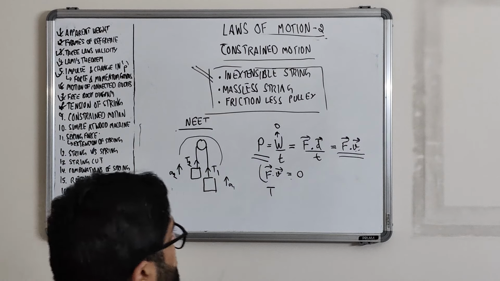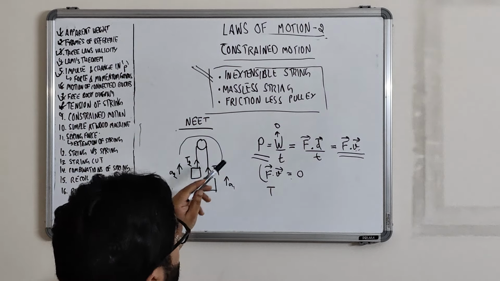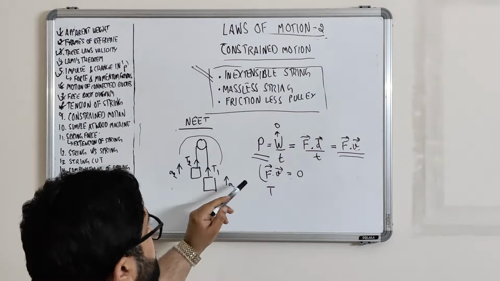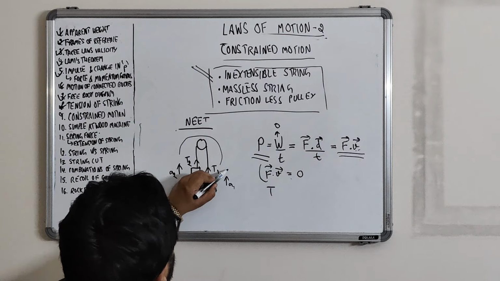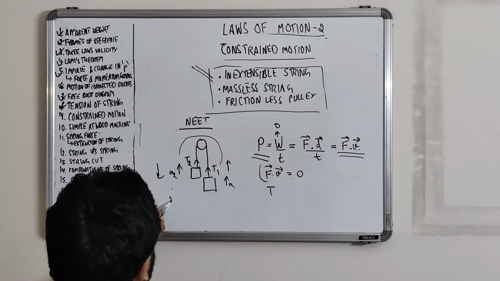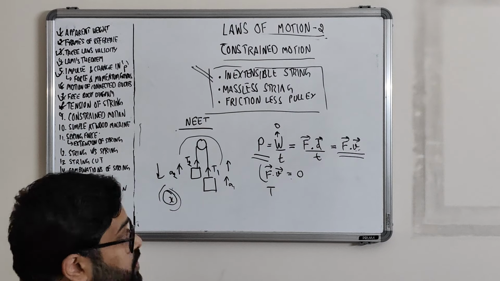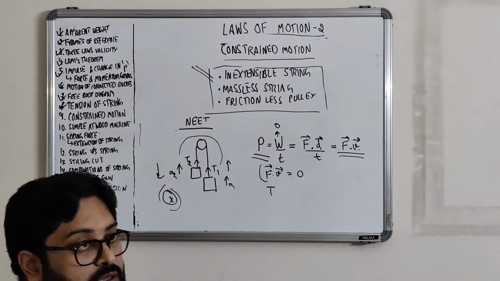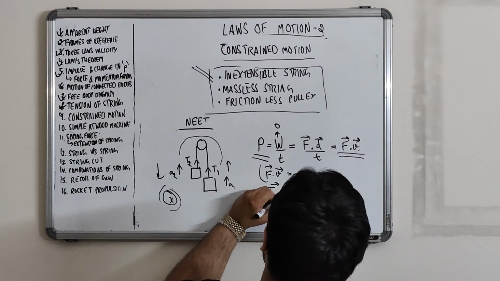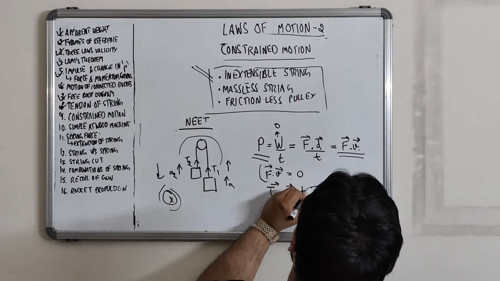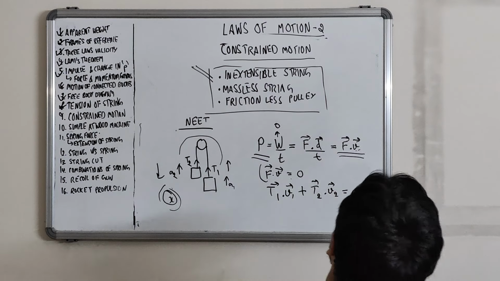The work done in total is zero. It's not that T1 dot V1 will be zero. No, the sum of these two will be zero because this moves up and this moves down. The net displacement becomes zero. Therefore, T1 dot V1 plus T2 dot V2 turns out to be zero.